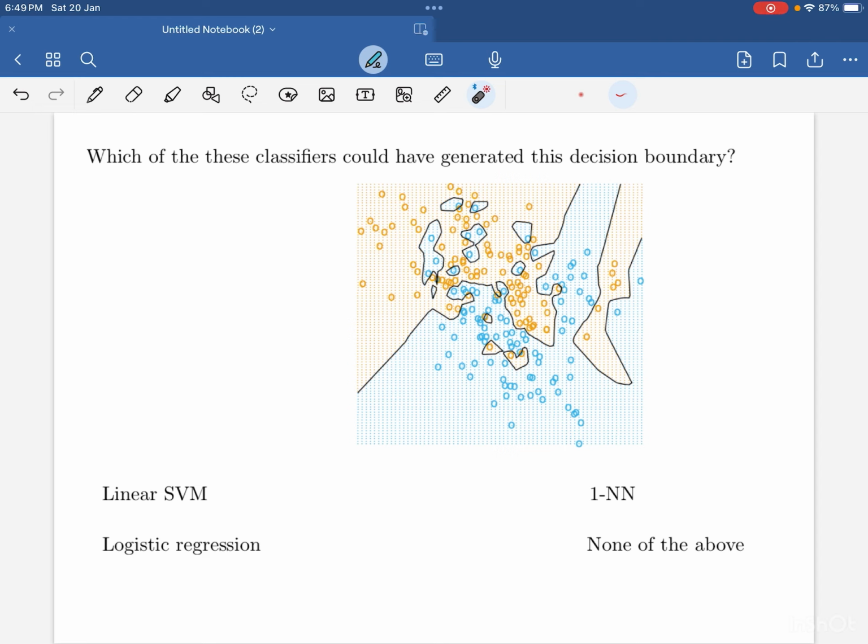And also let me make the question like this: if we increase the value of k, tell me about the bias and the variance. If we increase the value of k, that is the number of nearest neighbors, what would be the bias if we are increasing the value of k?